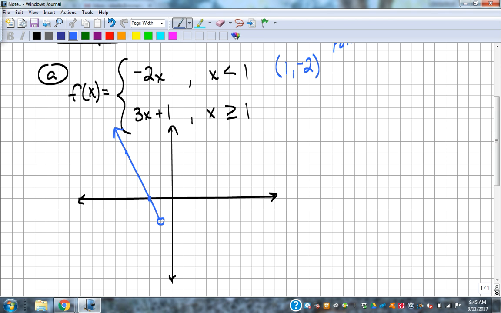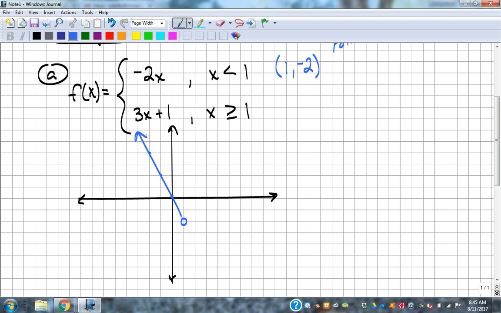Sydney? I did do that wrong, didn't I? Thanks for pointing that out. Because that should be there, and then go, thank you, Sydney. There we go. 1, negative 2, and then negative 2 slope. Thanks.